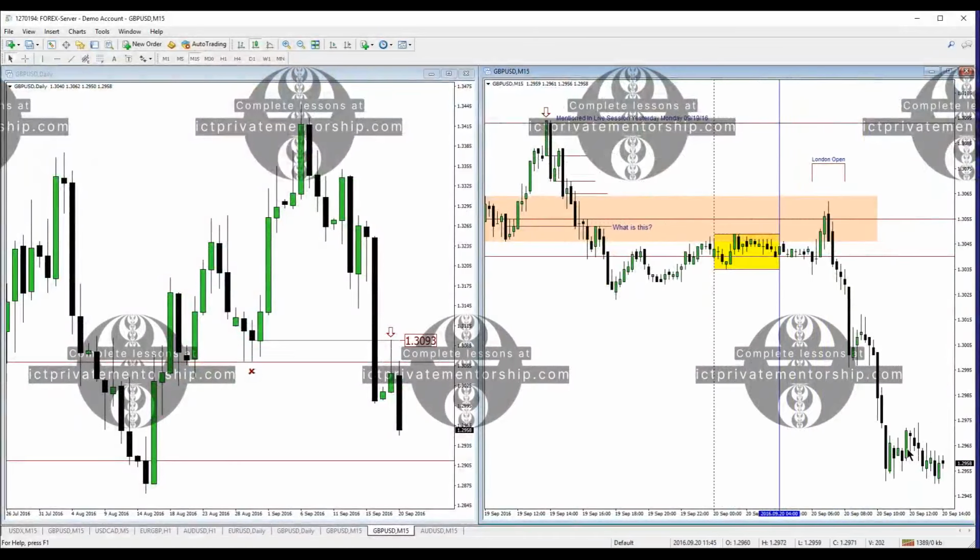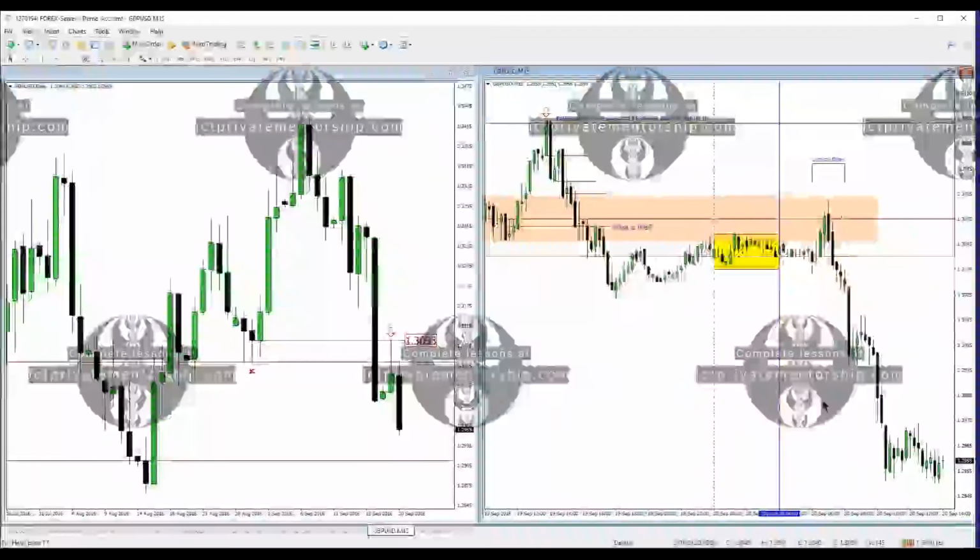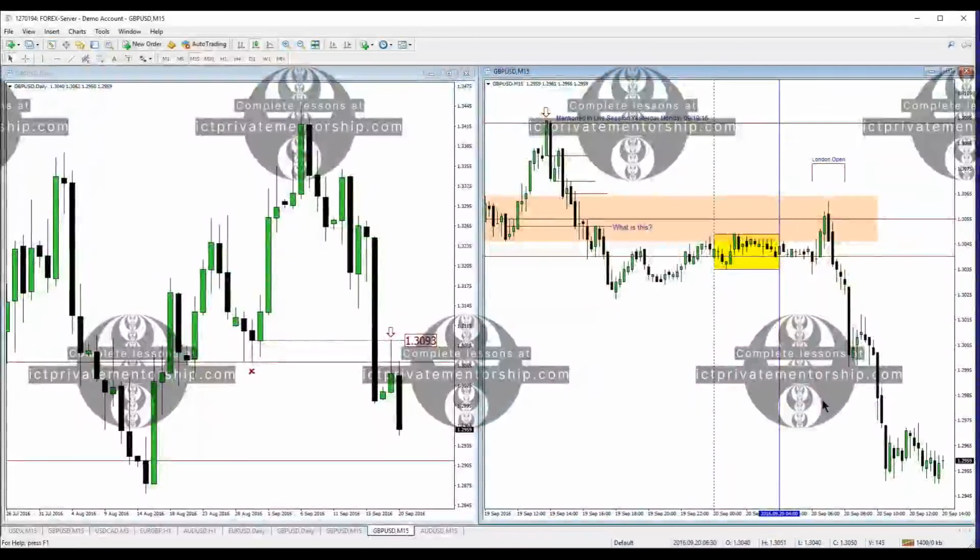Okay, and now as we get into New York, which starts for me at 7 a.m. New York time, you're expecting the market to go either into consolidation, or into a market reversal profile where it can go back into the daily range and go back up, and sometimes it can come all the way back up and clear out the high, which is the reason why you need to be available and awake looking at price at 7 a.m. I don't care where you're at in the world, your smartphone needs to have access to the charts.